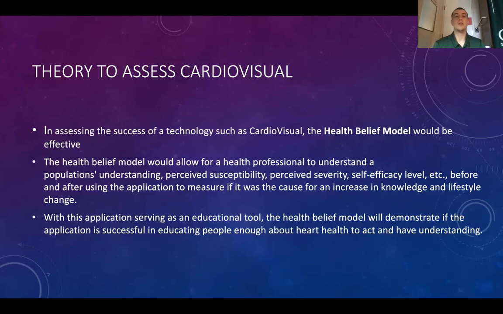What the health belief model does is it allows healthcare professionals to understand populations' understanding, perceived susceptibility, perceived severity, and their self-efficacy level to make a change based around a certain illness or disease. So for the example of Cardiovisual, I think what would be best would be to evaluate people's actual self-efficacy to take action and improve their heart health after using the app.